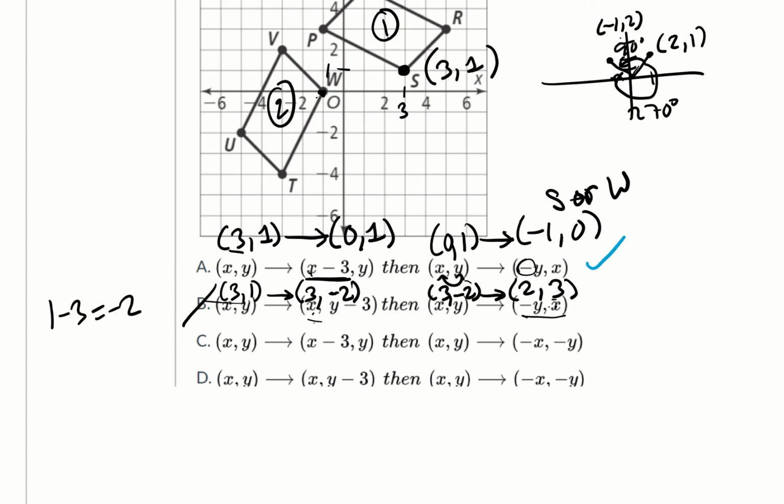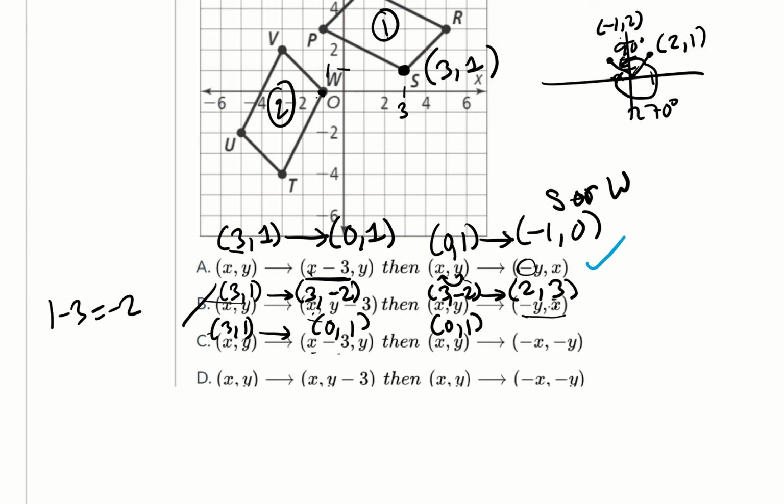But let's go ahead and show you some more just so that you can get an idea of this. So this is 3, 1. It's also possible that it could be one of the other answers, so we want to make sure. So 3, 1 transforms into, we have to do x minus 3. 3 minus 3 is 0, and y is going to be 1. Okay, that looks fine. And so now 0, 1 is going to transform.